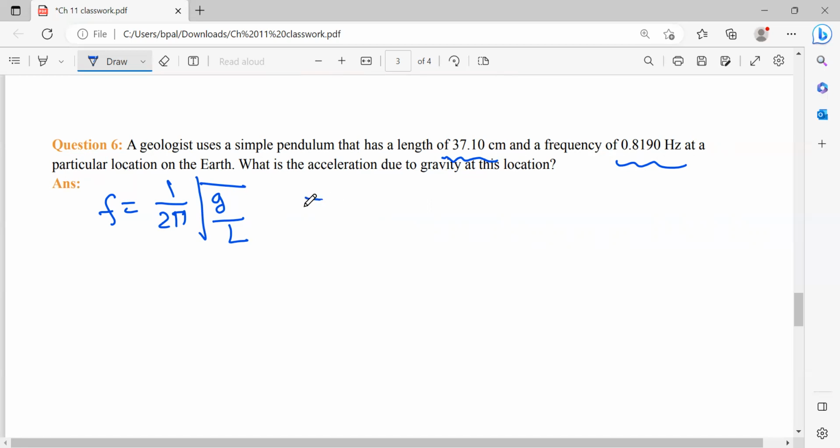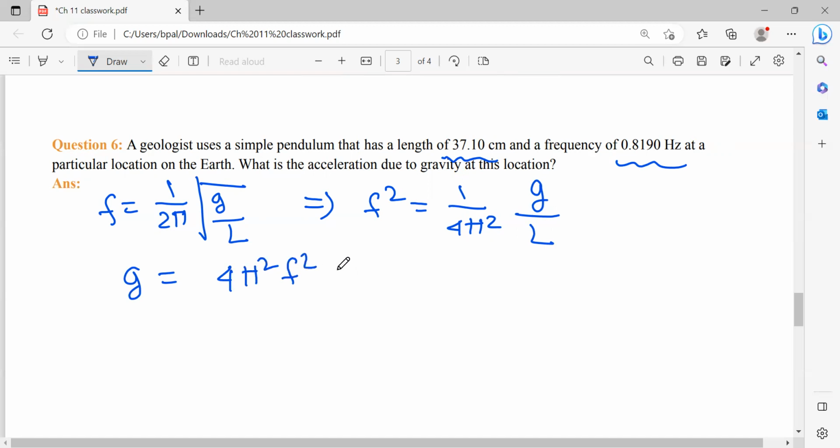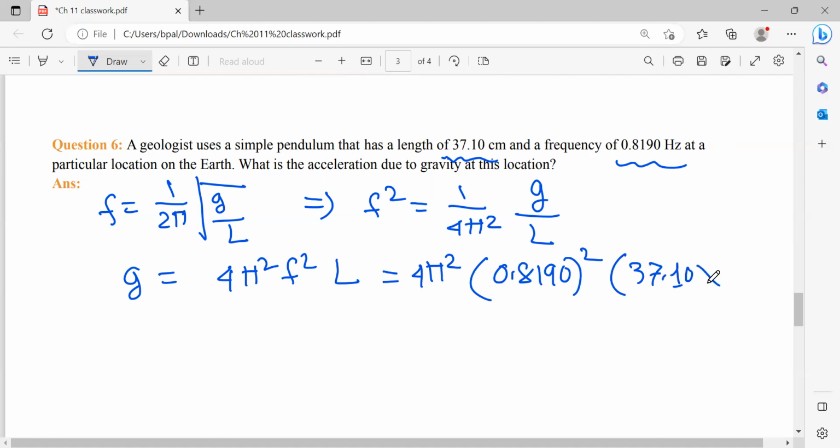So what we have to do is square both sides and then solve it for g. So g is equal to 4 pi square f square L. So 4 pi square, f is 0.8190 square, and then L is 37.10 given in centimeters, so we have to convert it into meter.